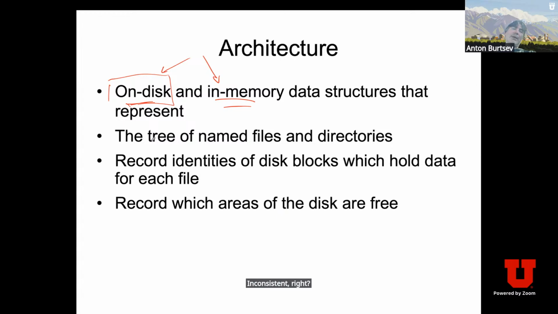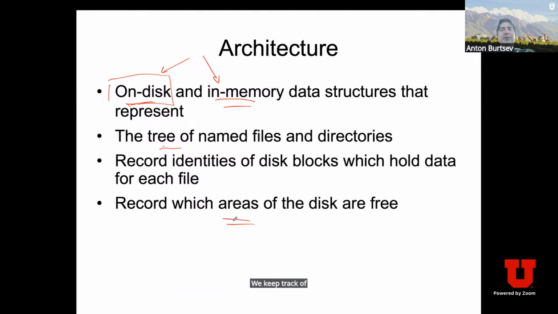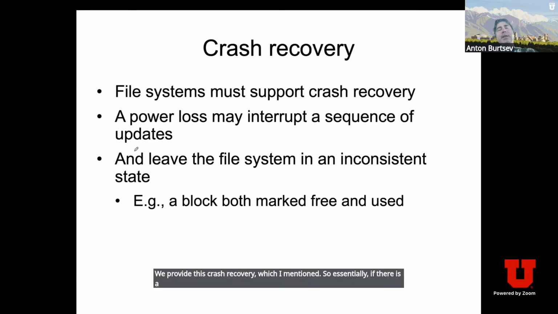At a logical level, we represent files as a tree of files and directories, which is convenient for humans. We keep track of where the files are on disk, which we already talked about. We keep track of which areas of disk are free and allocated as well. We provide this crash recovery, which I mentioned. Essentially, if there is a power loss, then we will reboot and make sure that we recover into a state which makes sense.